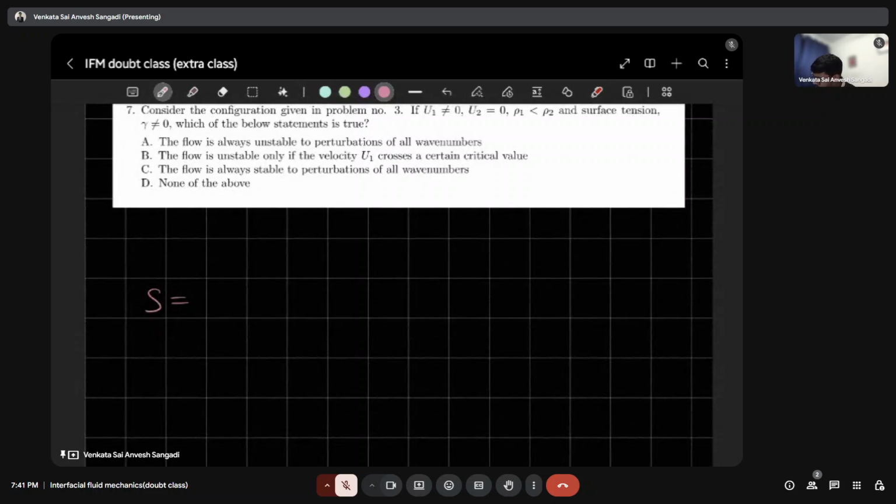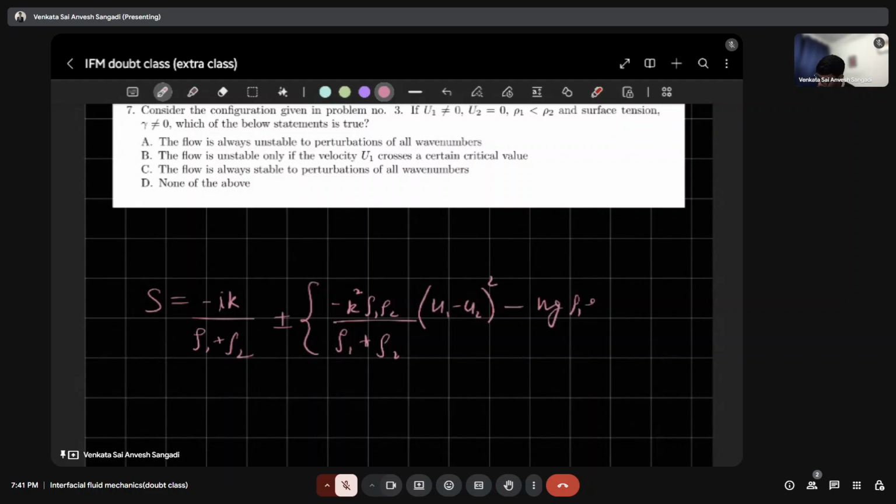So S is equal to minus ik by rho 1 plus rho 2, and then plus minus k square rho 1 rho 2 by rho 1 plus rho 2 into u1 minus u2 whole square minus mg rho 1 minus rho 2 by rho 1 plus rho 2 minus m cube gamma by rho 1 plus rho 2, and all of this is under a square root.